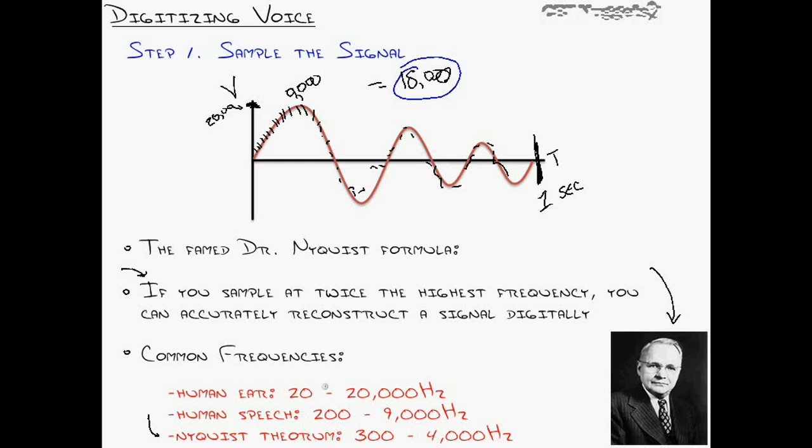So his theorem says if we sample human voice at 4,000 hertz, 8,000 times a second, as it goes over this little thing, every second you sample it 8,000 times, that should give us enough ones and zeros to accurately reconstruct it.